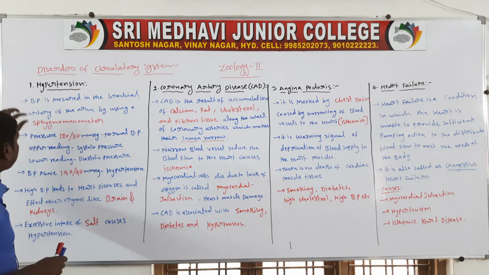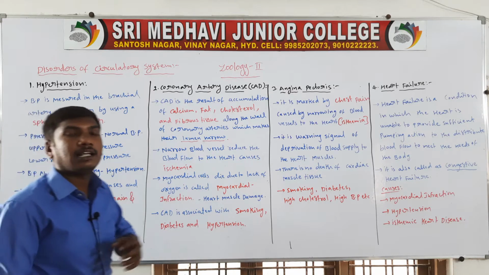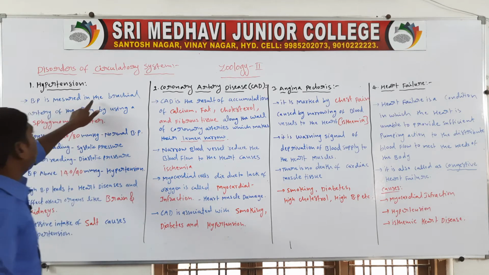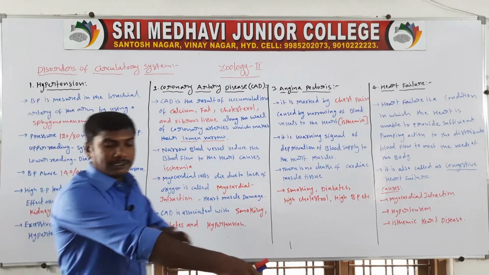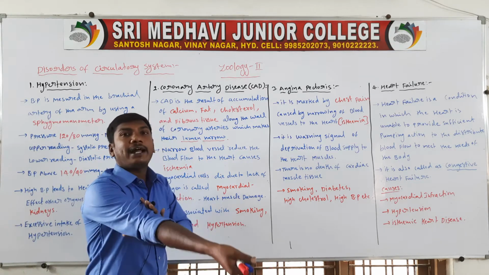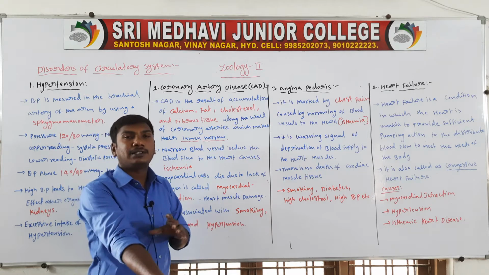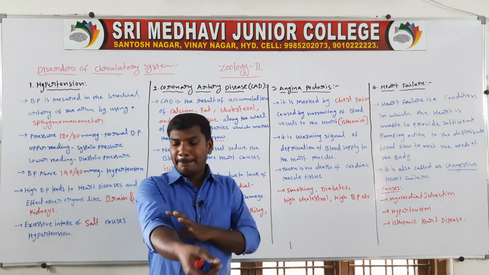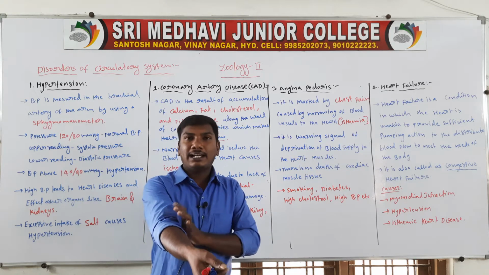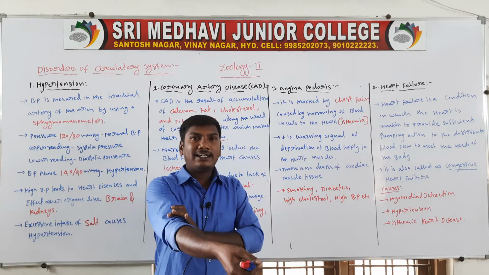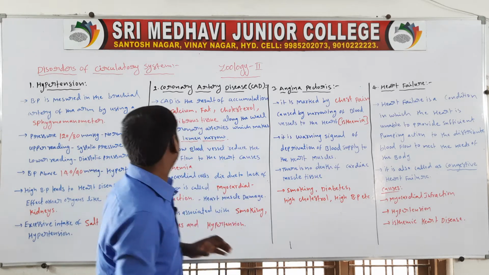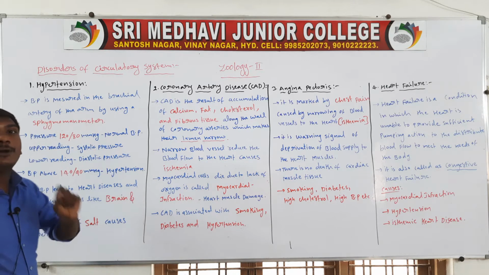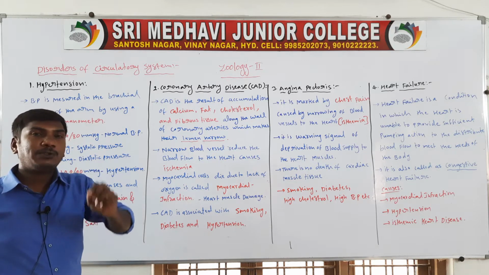The BP is measured in the brachial artery of the arm by using a sphygmomanometer.